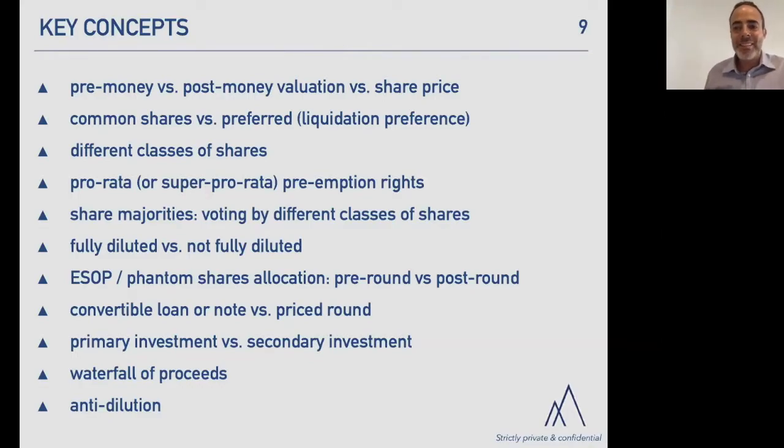It's debt, right? It's a loan. But the reference to the valuation comes from the fact that it will be converted into equity. So there will be certain clauses that specify at which valuation it is going to be converted. But that valuation is usually tagged or referenced to the future valuation of the round.